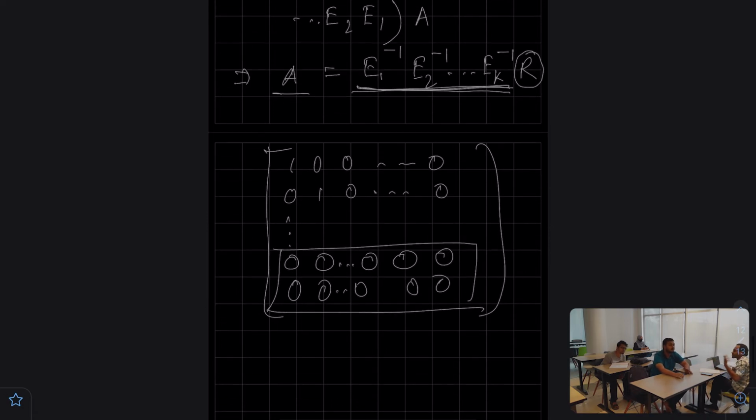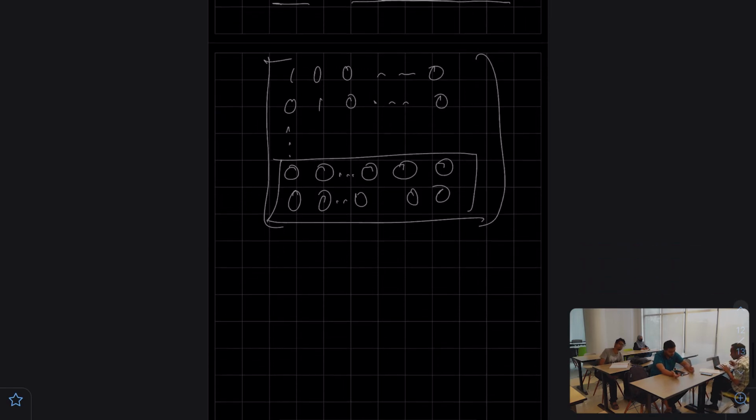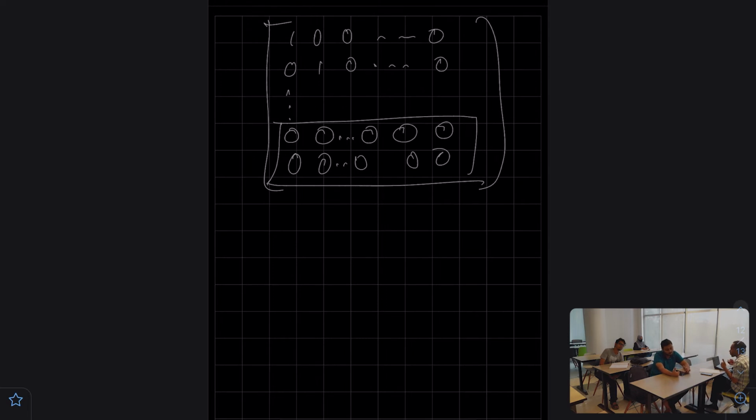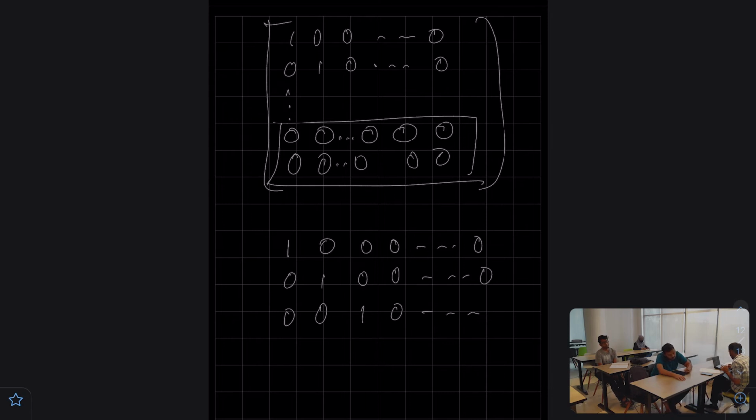So if R doesn't have a zero row, then it follows that, because there are no zero rows in R, this is something like 1 0 0 0, 0 1 0 0, 0 0 1 0, right.